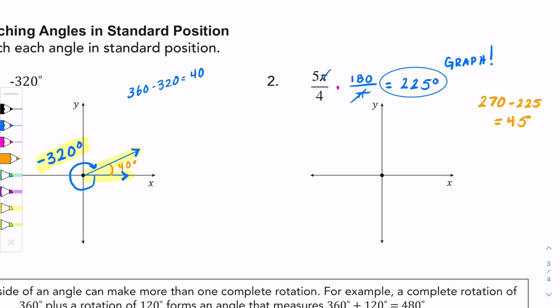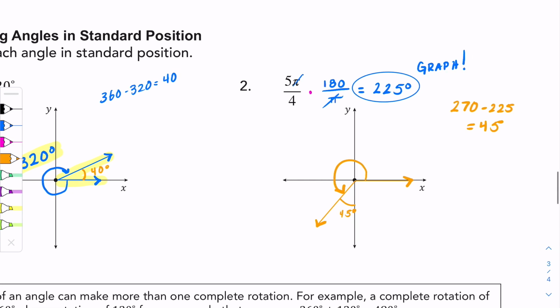That means I'm coming 45 degrees shy of 270, and I'm moving in the positive direction. When I indicate my final answer, I'm going to indicate that it's 5 pi over 4. I started in radians, so I should be ending in radians. What I'm highlighting in yellow is my final answer.